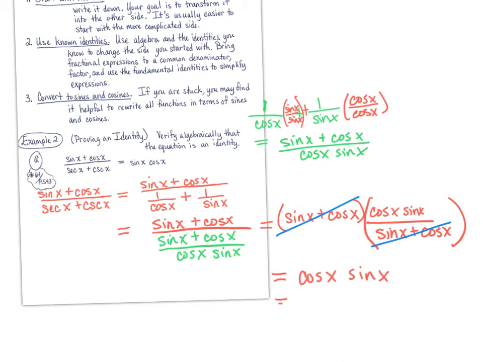So just to be consistent, we can write it as sine x cosine x. So we took this complicated left-hand side, used our identities, did some cancellation, and we got that is equal to sine x cosine x. So we just verified that this equation is indeed an identity.